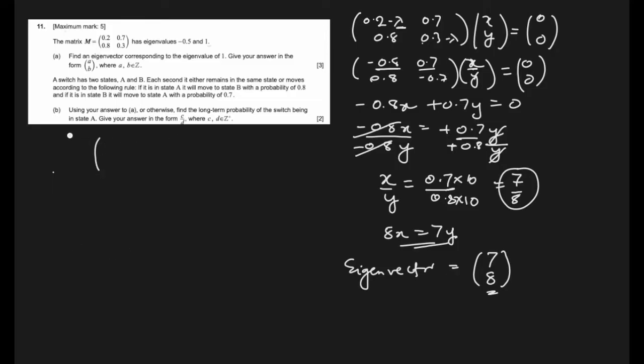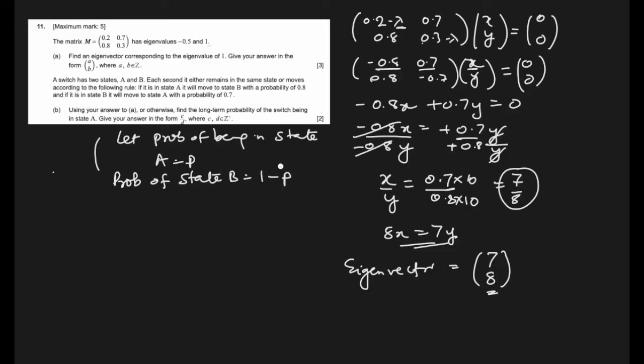Let the probability of being in state A equal P. So the probability of state B will be 1 minus P, correct? So they're saying here that if it is in state A, it will move to state B with a probability of 0.8.